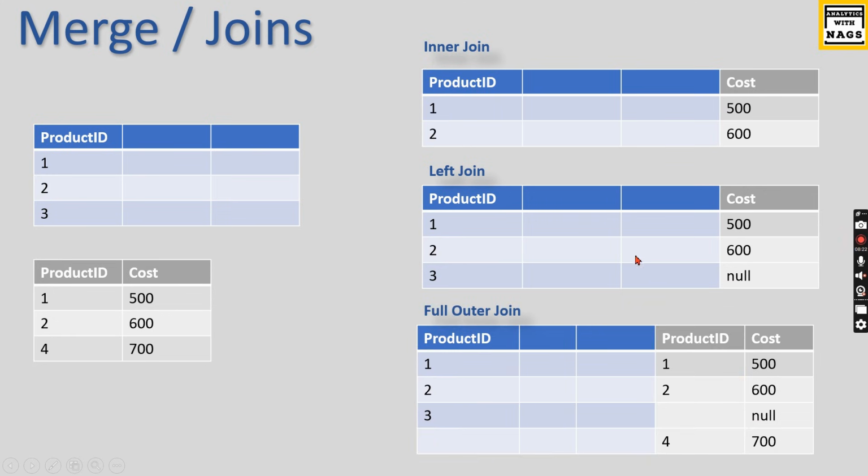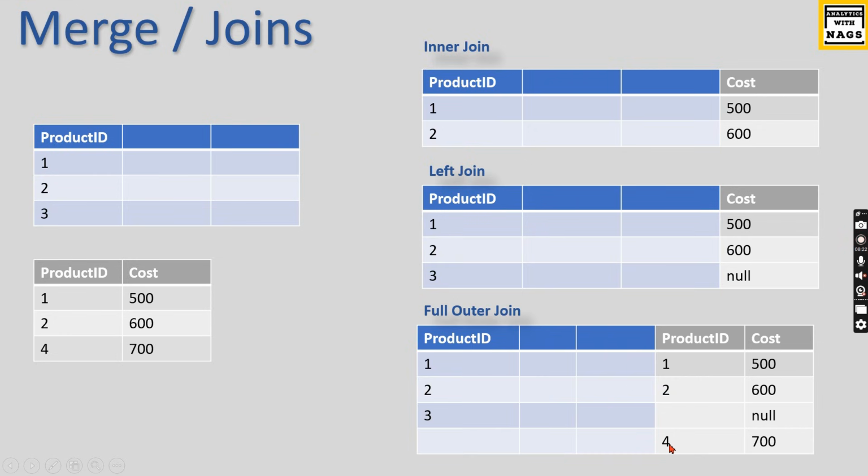I'm trying to explain one last join here, that is full outer join, meaning you have all the records from both the tables. If you see here, you have 1, 2, 3, that is from table 1, and then matching records also return the data. Then you have the null for the not matching records on both the sides.